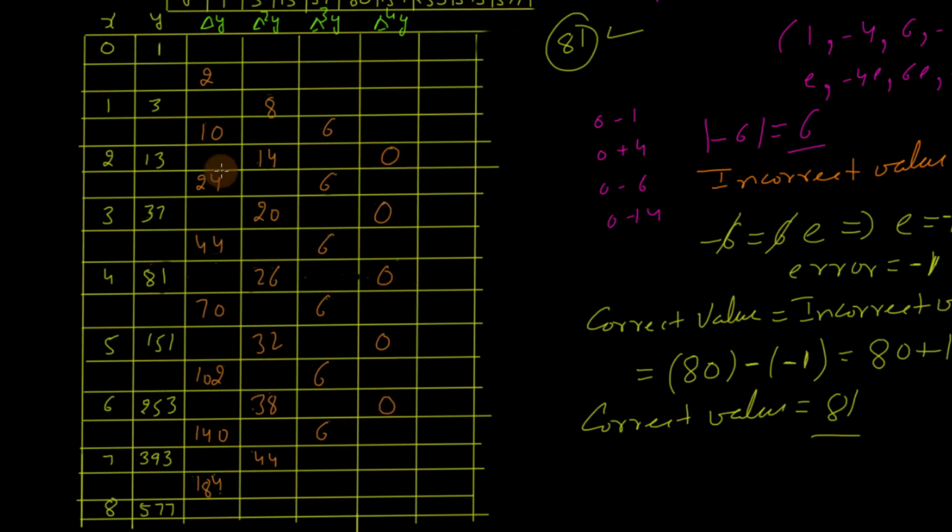Now I have justified that in this column there is nothing but 0 if that value is corrected. So the values that were present earlier were only because of the error values. So I have shown you why we check that the sum has to be 0 or minimum, because that shows that the terms present in that particular column are only because of the error values. So the forward difference column has become 0 and it's time to stop.